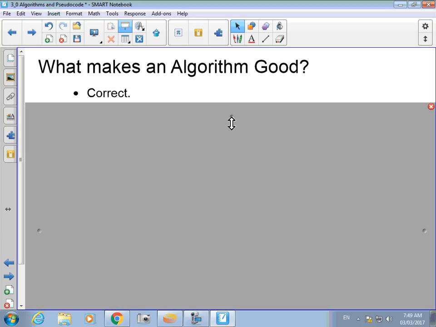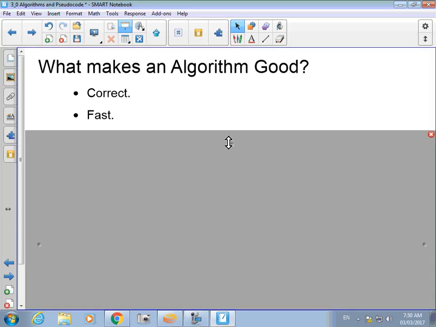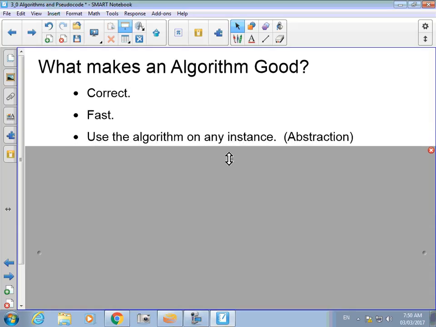It's got to give you the right answer. It helps if it's fast. And how do I determine whether an algorithm is fast or not? Well, again, that's a thing I'm going to leave to your university professors. We'll actually talk about it just a very little bit in this chapter, but it'll be kind of a strange evaluation that we'll do of the quickness.